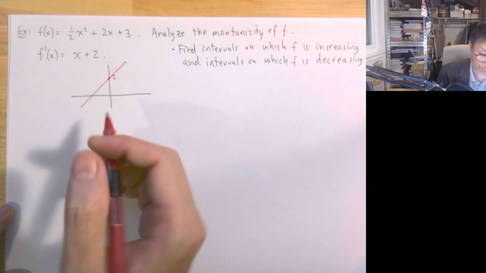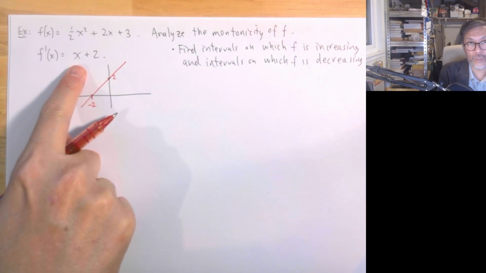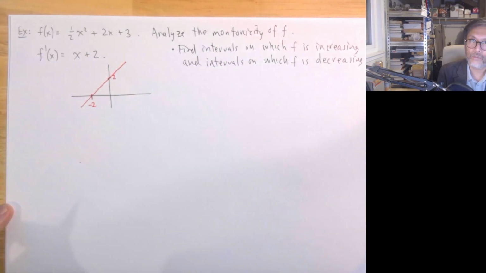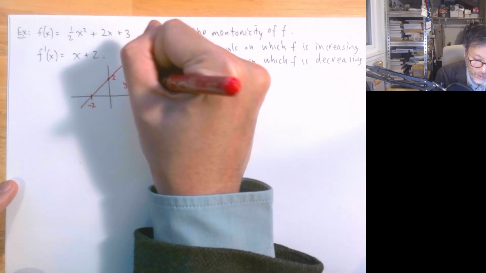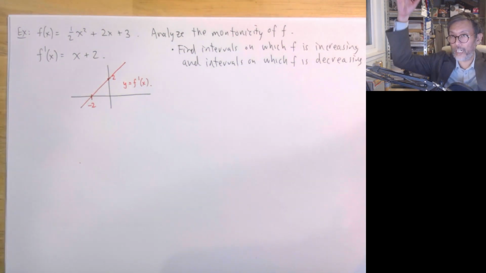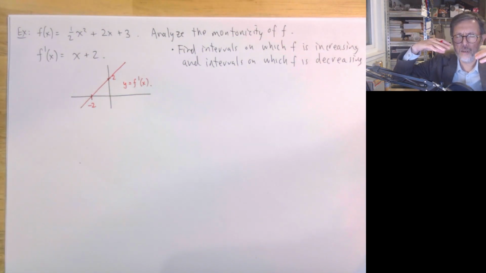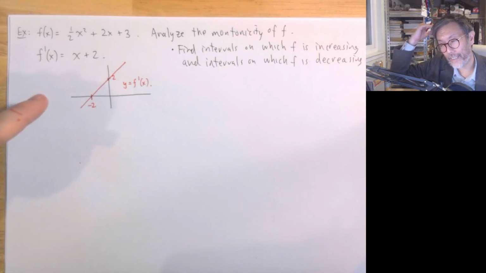And it turns out that it's at -2. Why? Because when you plug in x equal to -2 here, you get 0. This, don't get it twisted, is the graph of f prime, not the graph of f. The graph of f is a parabola. This is not a parabola, this is a line.